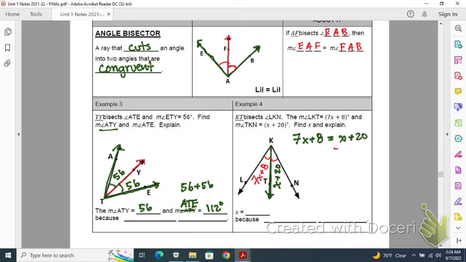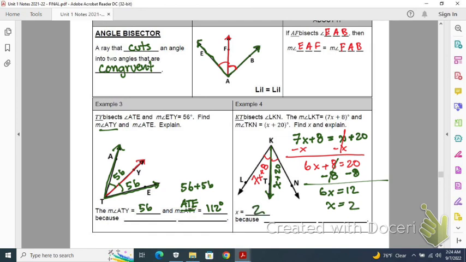First thing you want to do is get all your x's on one side. So I'm going to subtract x from both sides. You get 6x plus 8 equals 20. Don't subtract 20. We're going to subtract 8 because we want all our constants on the other side of our x's. So we subtract 8 from both sides. You end up with 6x equals 12. That means x is equal to 2 after we divide by 6.